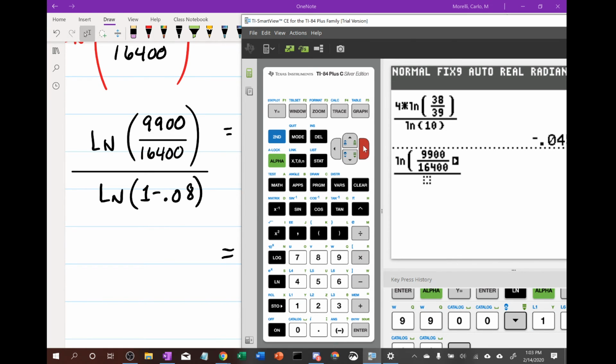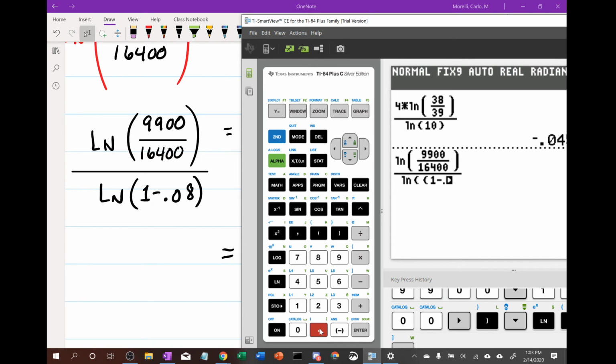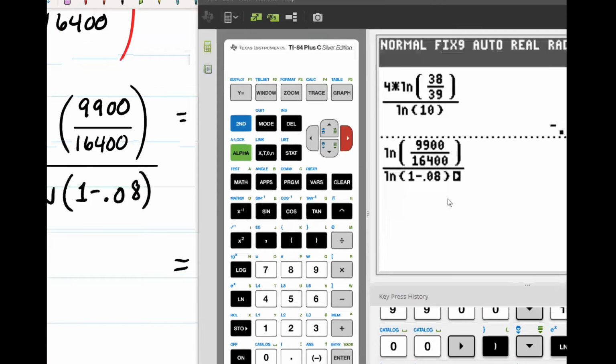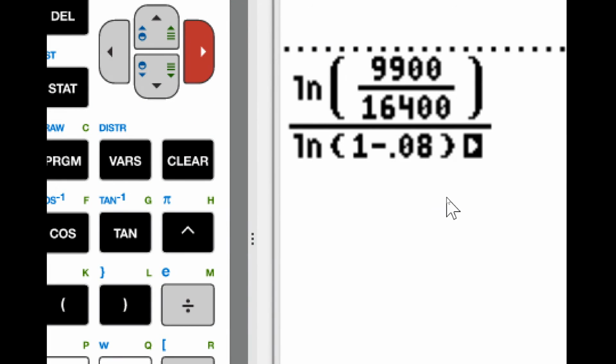Close that parentheses. Down in the bottom, we're going to do ln, open parentheses, 1 minus 0.08, close parentheses. Does yours look like this?